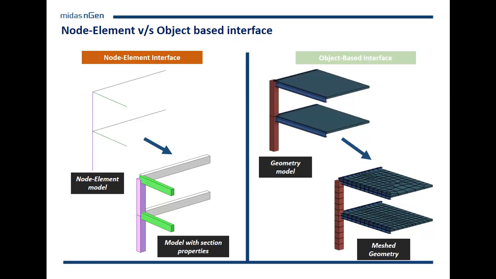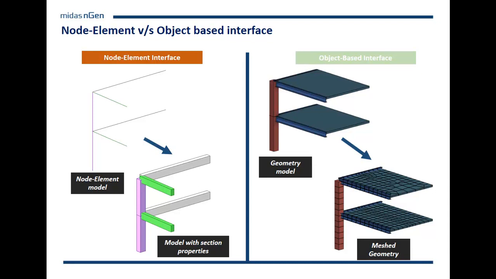So just to explain the difference between the node-element based software and the object-based software, I have prepared this slide. In the node-element based software, we create the nodes to start our structure modeling, and then we join these nodes to create elements. And then we assign certain section properties to these elements, and the programs perform the analysis and design based on these elements.